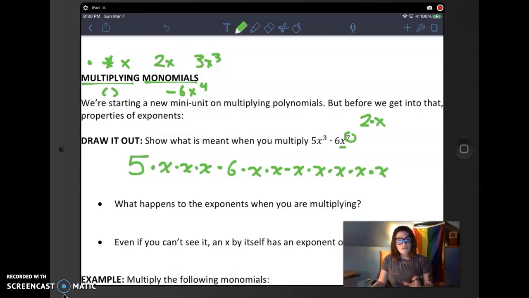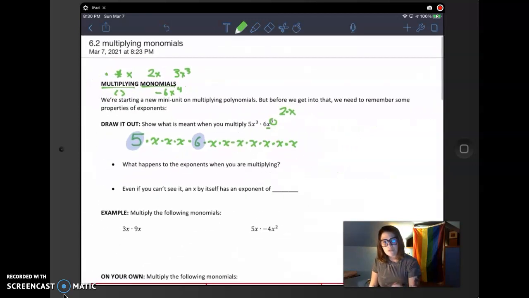So what we've learned is that the numbers in front are being multiplied. We're going to call those the big numbers. The 5 and the 6 are the big numbers. Those two numbers get multiplied together, so you take 5 and 6 and multiply them together to get 30. Now that number goes in front. Then you count up however many total x's you have, which in this problem is quite a few: 1, 2, 3, 4, 5, 6, 7, 8, 9, 10.